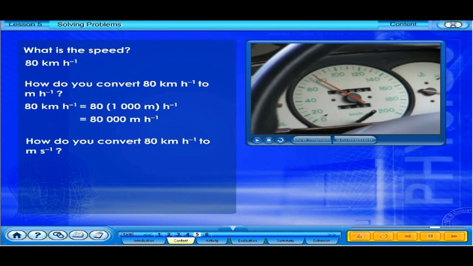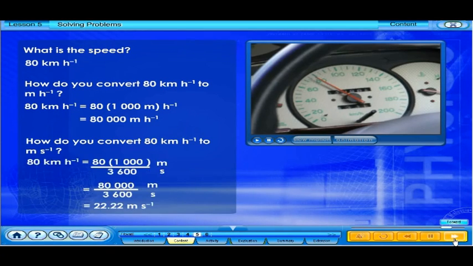How do you convert 80 kilometers per hour to meters per second? 80 kilometers per hour is equal to 22.22 meters per second.